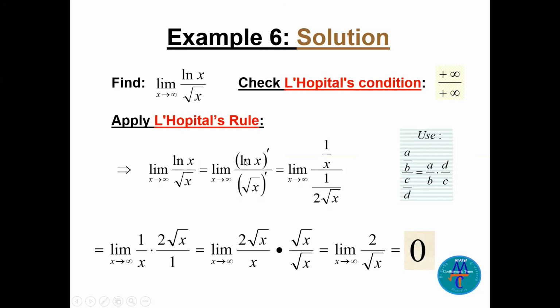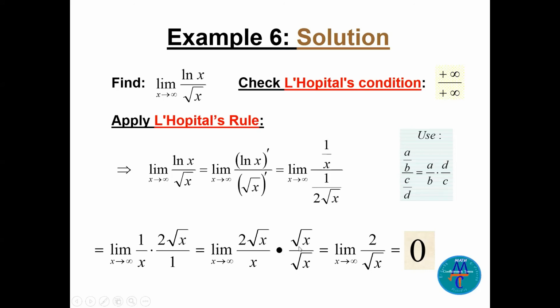The derivative of ln of x will be 1 over x. The derivative of square root of x will be 1 over 2 square root of x. So we have a division now. You can use this important rule from algebra: a over b divided by c over d will be a over b times d over c. So you can do that here. Then you can rationalize to simplify it more.